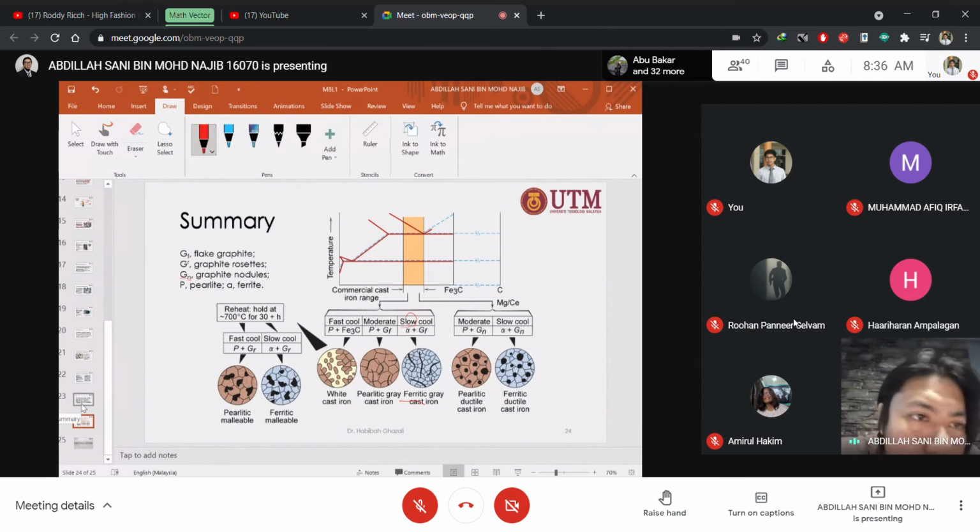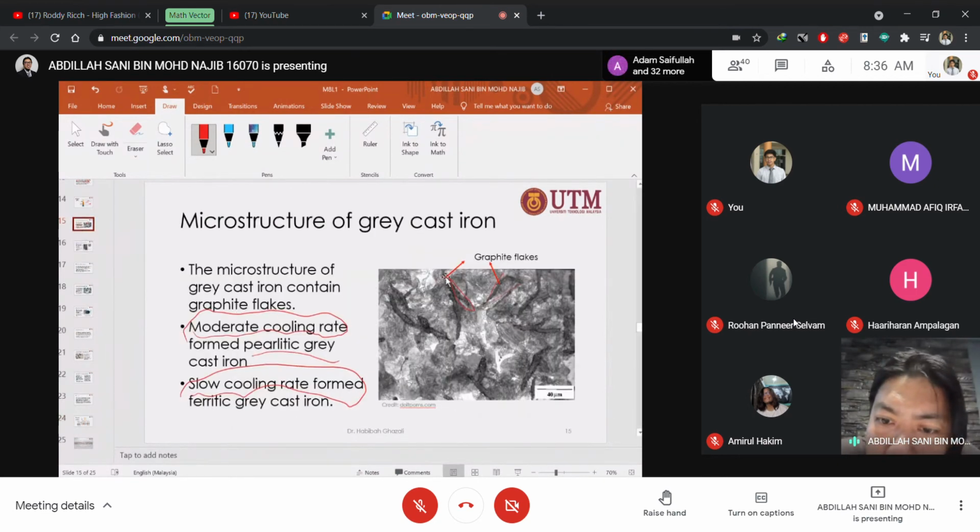So we go back to this, this is how graphite flakes look like. And for moderate cooling, the final microstructure will be pearlite plus graphite.